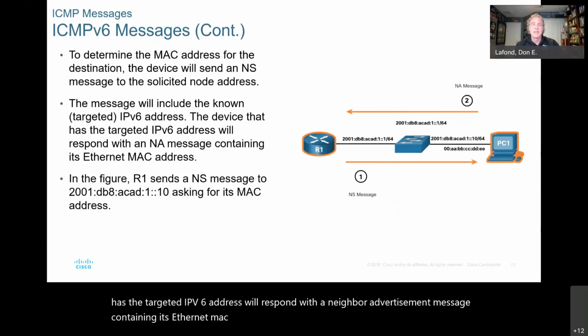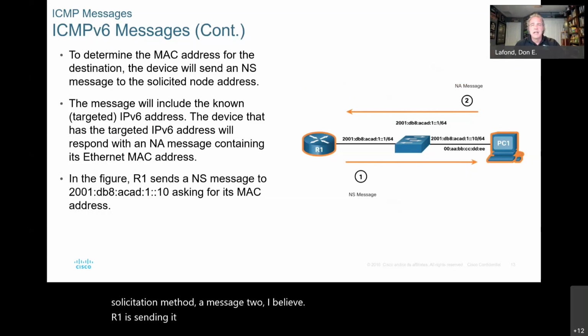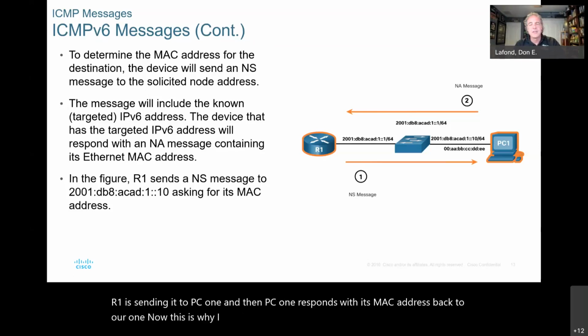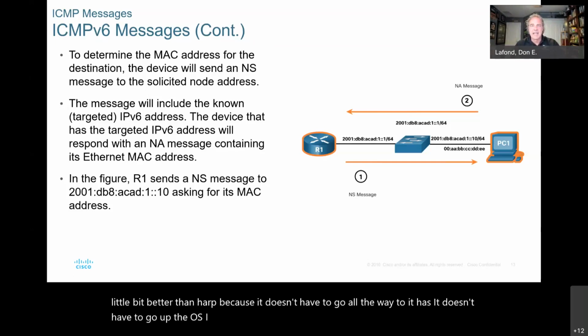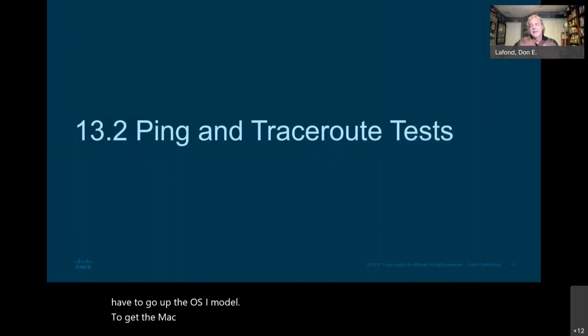In the figure, R1 is sending a neighbor solicitation to PC1, and then PC1 responds with its MAC address back to R1. Now, this is why IPv6 doesn't use ARP like IPv4 does, and this is a little bit better than ARP because it doesn't have to go up the OSI model to get the MAC address. All right, now that's everything we're going to learn about ICMP.